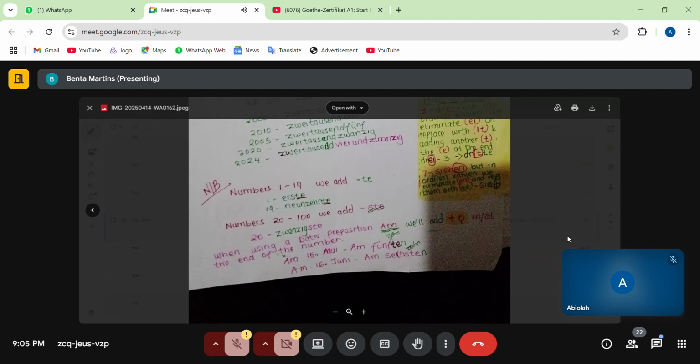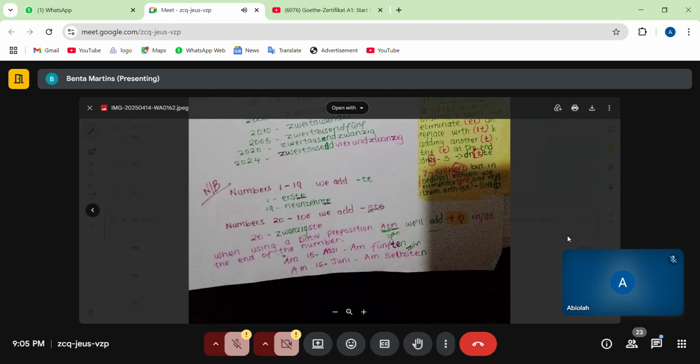Whenever you have the dative preposition, we add an N at the end. Remember, when we said 1 to 19 we add TE, in that TE, for example 19, it's neunzehnte. If it has the dative preposition, it's going to be neunzehnten. So the N is added as well. Let me write it here.